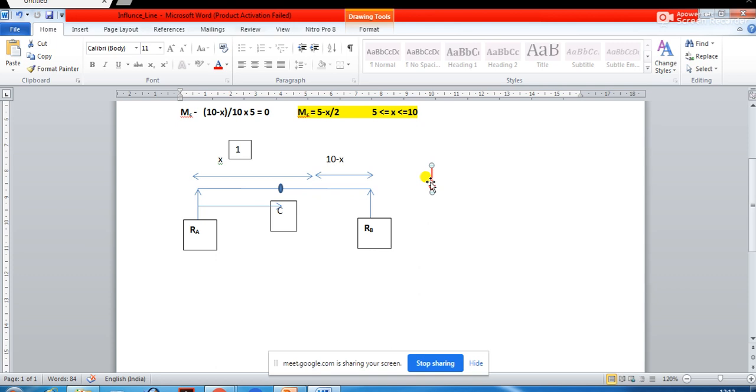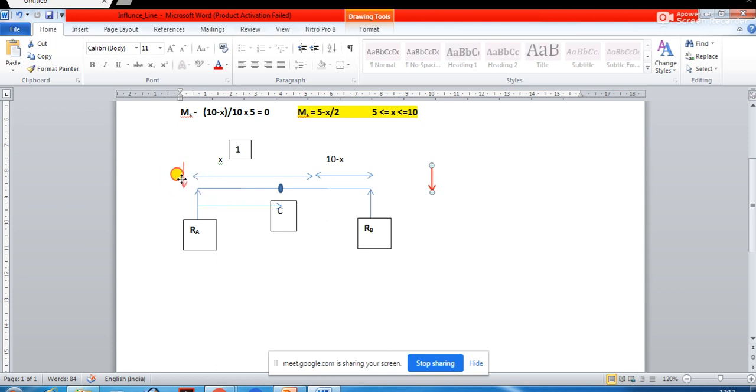So how do you do it? The first thing you should understand is that for finding out the bending moment at any point, first you need to find out the reaction.